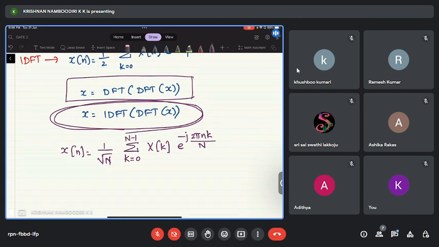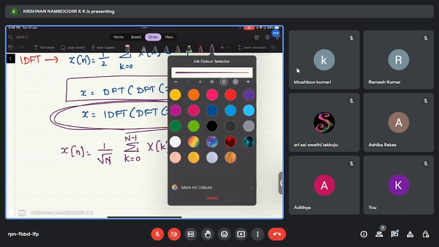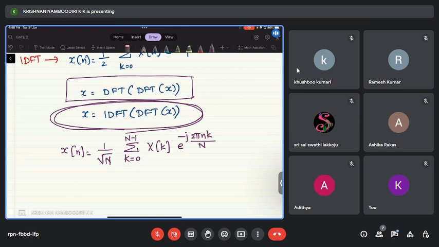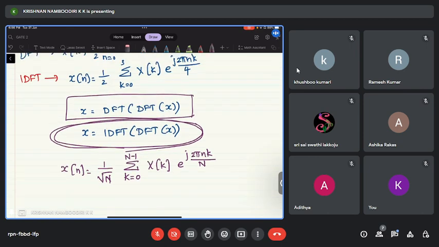What is the difference between this and the DFT equation? Nothing but there is a minus in the DFT. Sorry, here there is no minus. The minus will come only in the DFT. So it has to be plus in the inverse DFT equation.